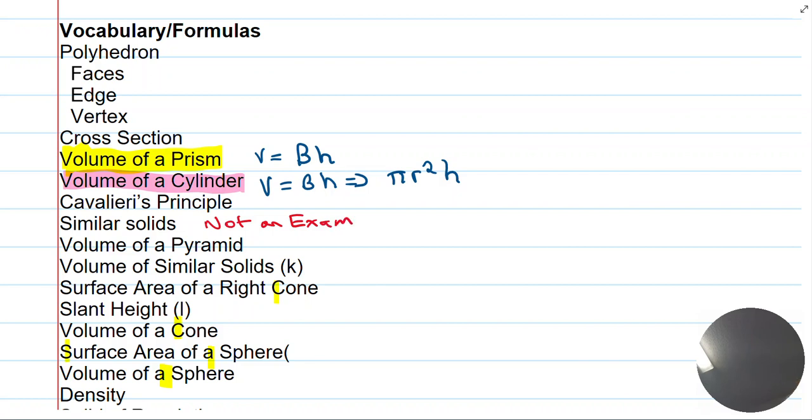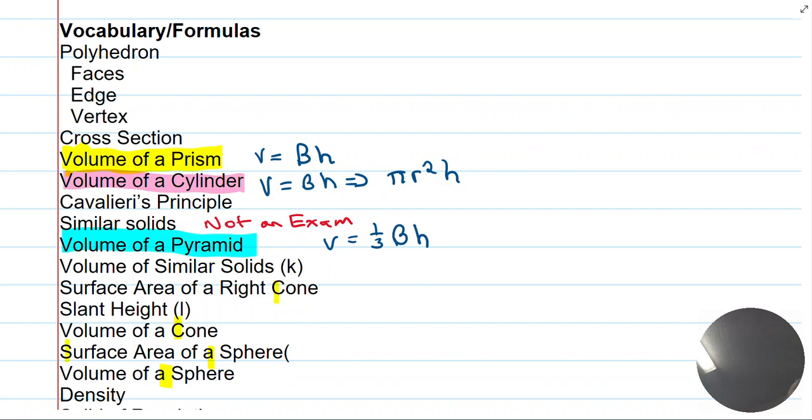That's just too much work, and more likely you will get yourselves confused. So then we have the volume of a pyramid, which is the one that we have a fraction for: 1/3 base times height. And here the base can be a lot of things.